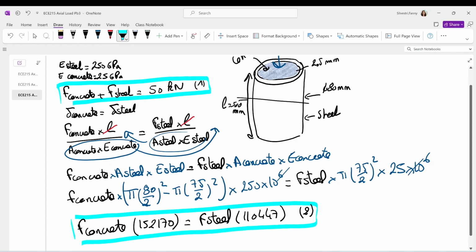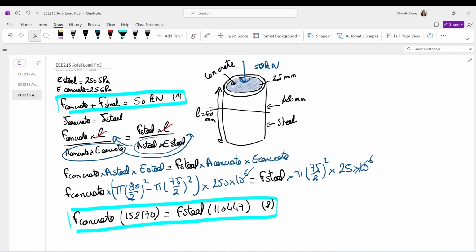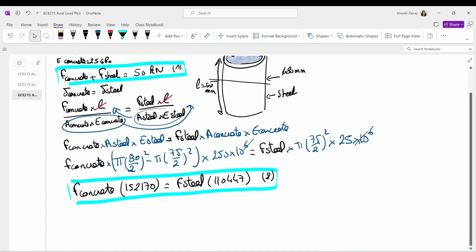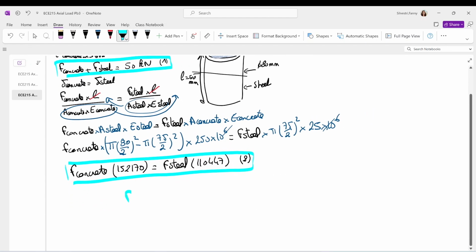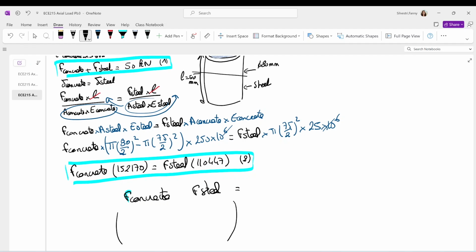Two unknowns, two equations. I will put that in a matrix. The first row will have the force in the concrete first and the force in the steel second, and the equal. So for the first one it is 1 times the force of the concrete plus 1 times the force of the steel equal to 50.